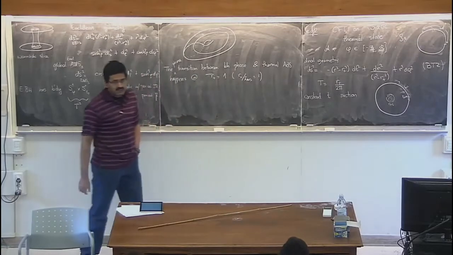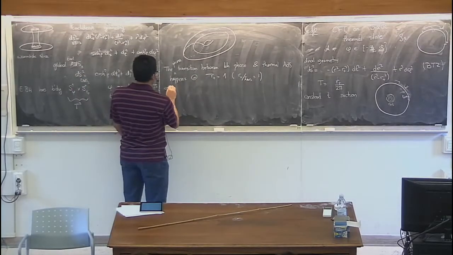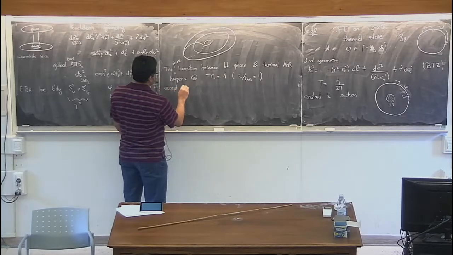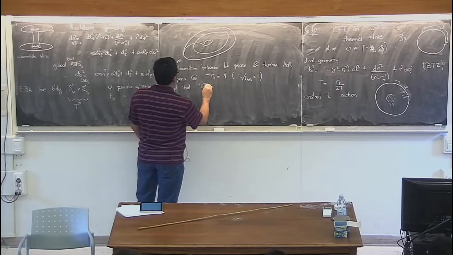Same point in parameter space as yesterday. Except that the BTZ black holes always have positive specific heat.